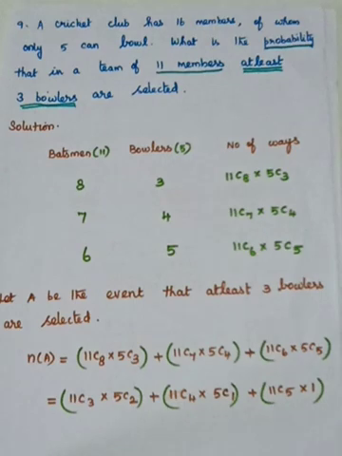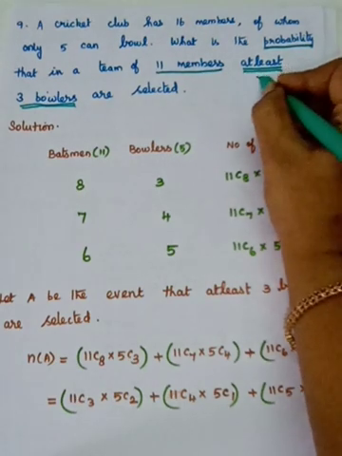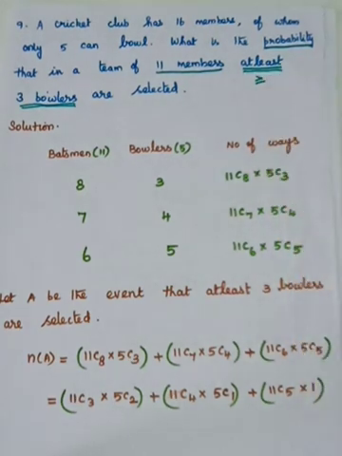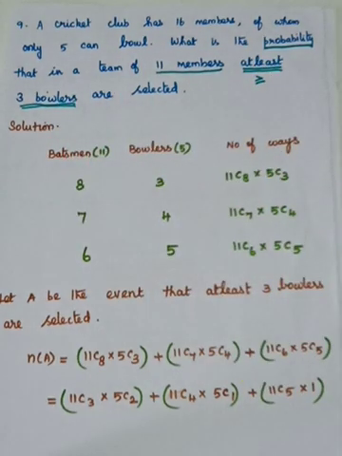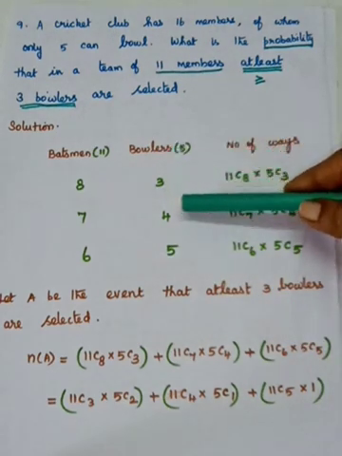So you have to use the symbol greater than or equal to. So at least 3 bowlers means it is greater than or equal to 3. So greater than or equal to 3 means 3 bowlers, 4 bowlers, 5 bowlers can come. Okay, so we'll go for 3 cases.